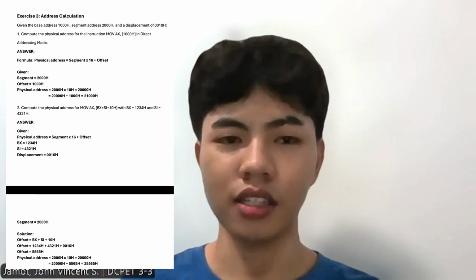So number 1 is compute the physical address for the instruction MOV AX, [1000H], in direct addressing mode. So my answer here is, first, I get the formula, which is the physical address equals segment times 16 plus the offset.